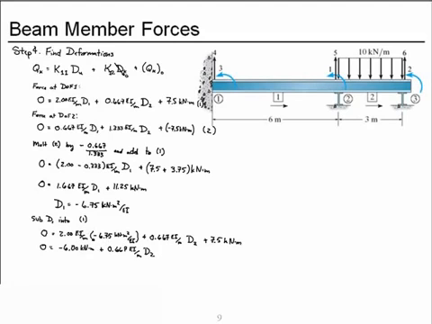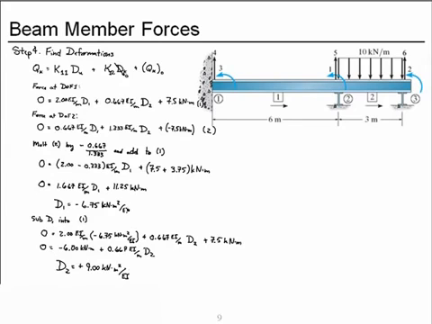The EI's here canceled, one of the meters canceled, and we're left with units, kilonewton meters. Well, I can now solve this for deformation 2, and I get a positive 9.0 kilonewton meter squared over EI.